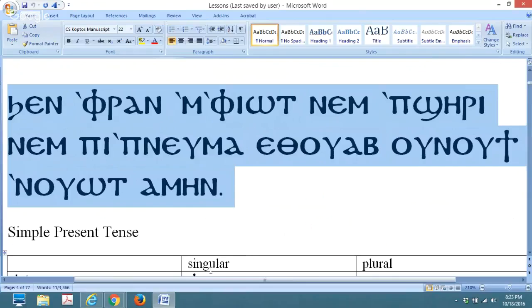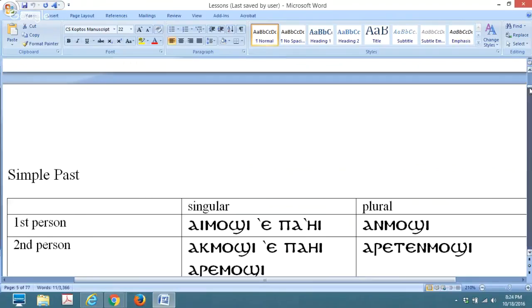Okay, so welcome back, and again we'll just continue going through the Liturgy of St Basil and analyzing the grammar as best as we can, going through some translations and going from there.